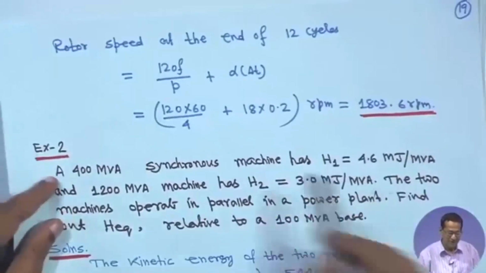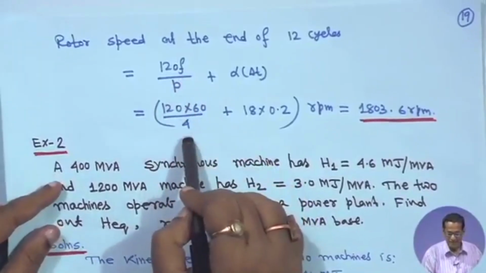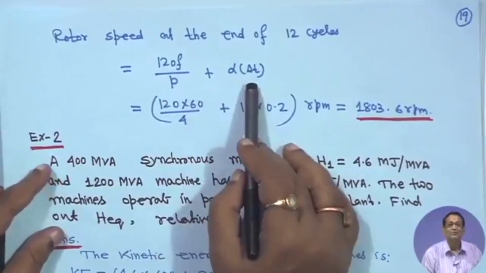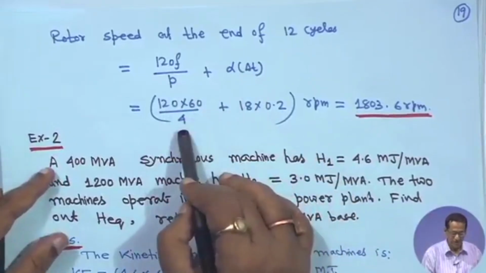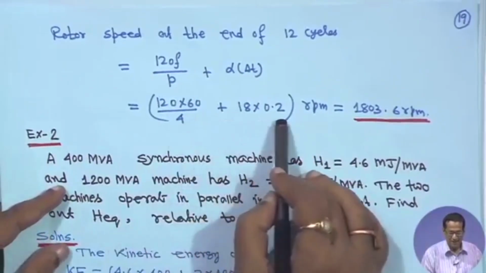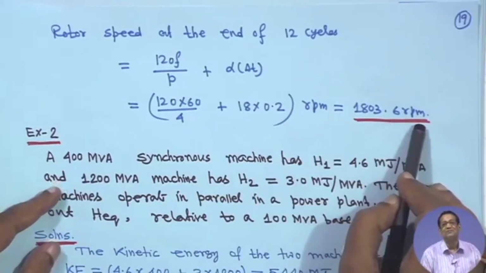Now, therefore, rotor speed at the end of 12 cycles is 120 f by P plus alpha into delta t. So, it is 120 into 60 by 4 plus 18 into 0.2, that is 1803.6 RPM.